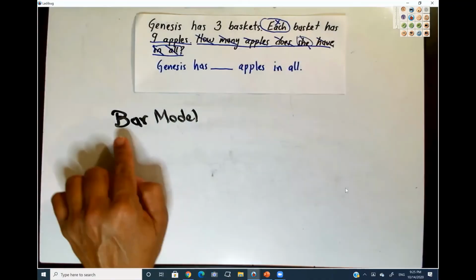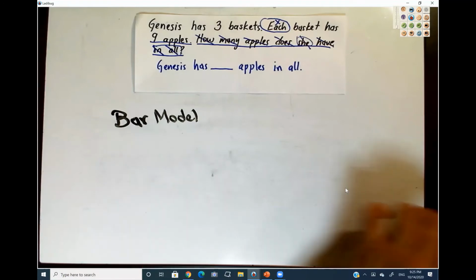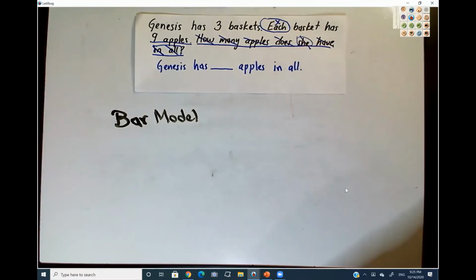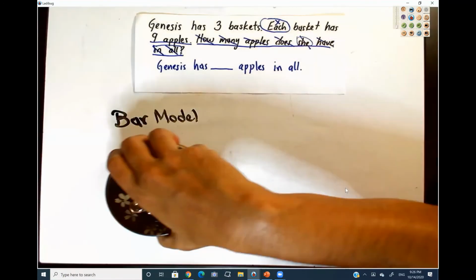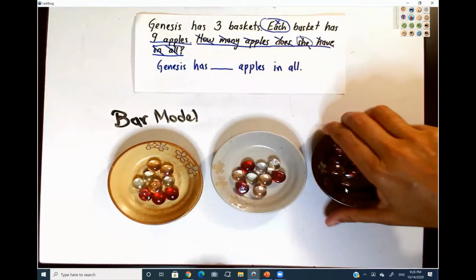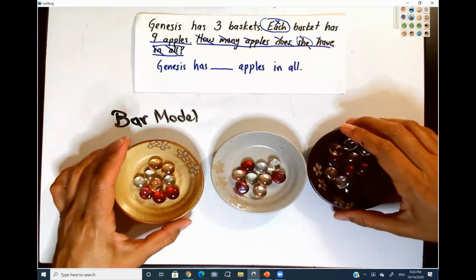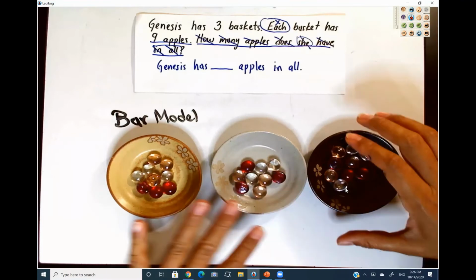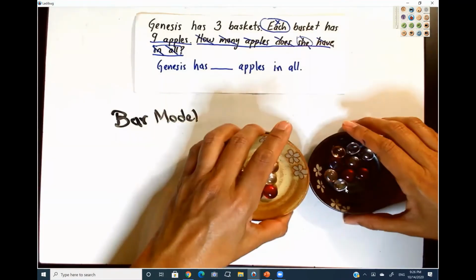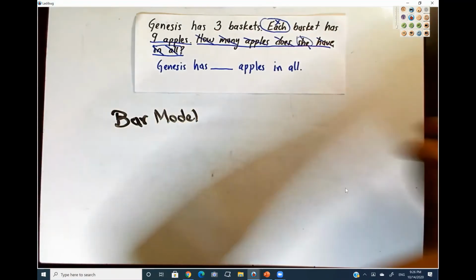The next representation is called a bar model. A bar model is very similar to the equal groups we did, but in this case, instead of representing with pictures or objects, we're going to represent it with bars.